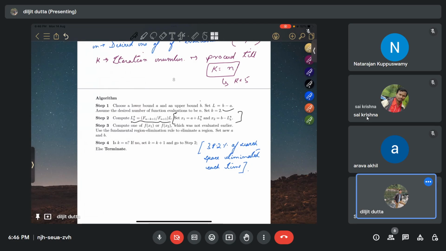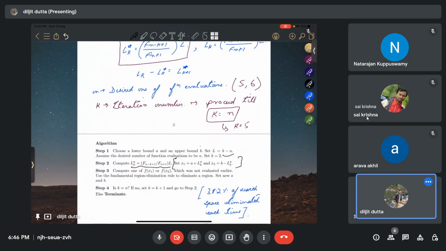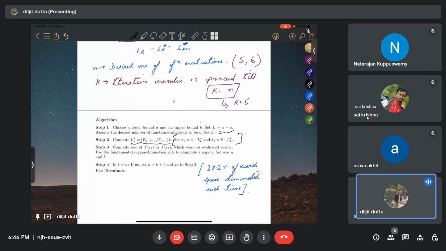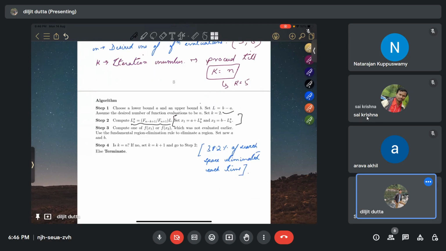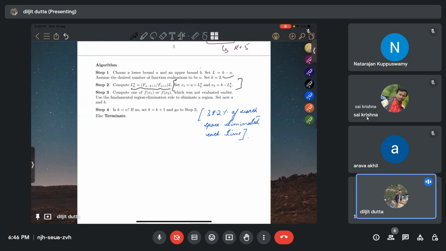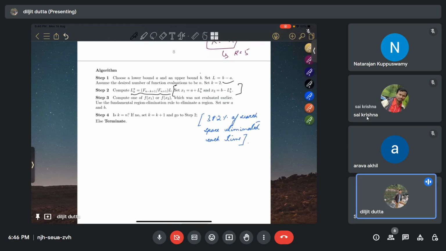If f of x2 is greater than f of x1, then we eliminate the region to the right of x2. If f of x1 is greater than f of x2, then we eliminate the region to the left of x1. This is the basic rule of region elimination, and we continue this process till k is equal to n, and in every step we update k equal to k plus 1.